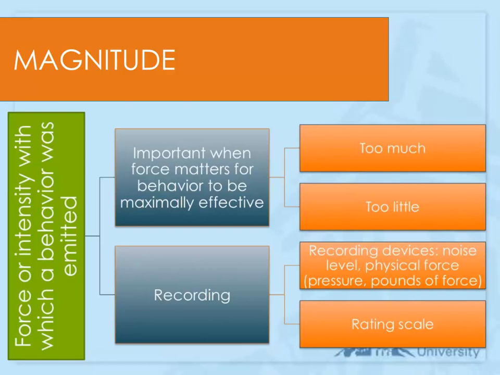If you use too little force, the button won't activate. And there may be no way of describing whether you use too much force, other than possibly breaking the button. However, magnitude is still an important variable in that behavior. One way to get at the magnitude of behavior is by using a rating scale. However, these are largely subjective, and you may not get accurate or reliable data from them.